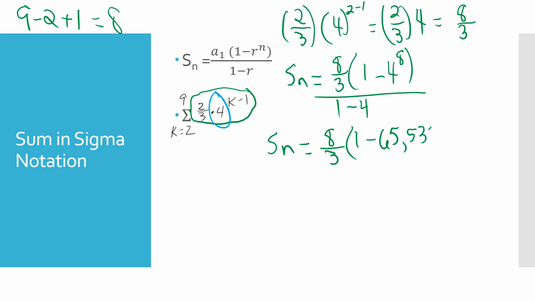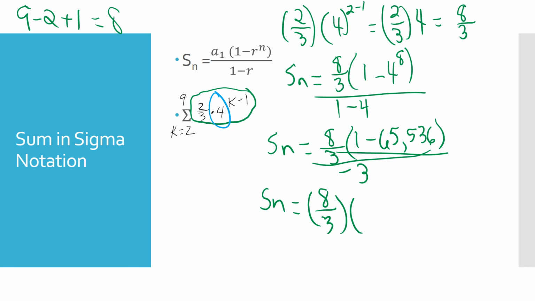And that's over negative 3. All right, so Sn equals 8/3 times, okay, 1 less 65,536 is going to give us negative 65,535. And that's going to be all over negative 3.